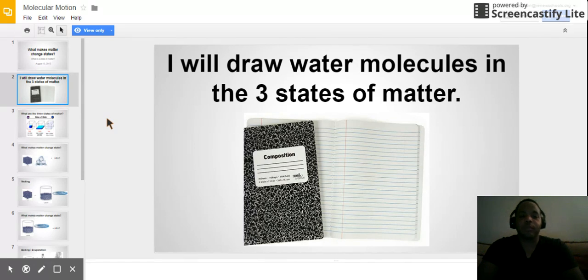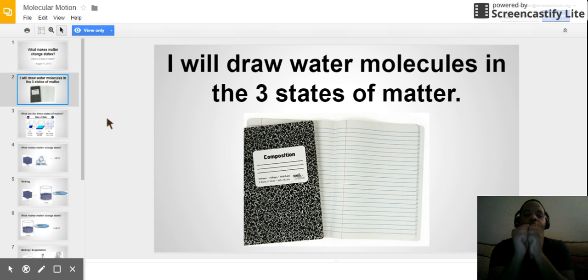The first one, you should be drawing three lines, because we know we're going to have three states of matter. Your first one is solids. Solids are things that hold pretty strong together. So what I want you to do right now is hold your hands together real tight, and rock them back and forth.